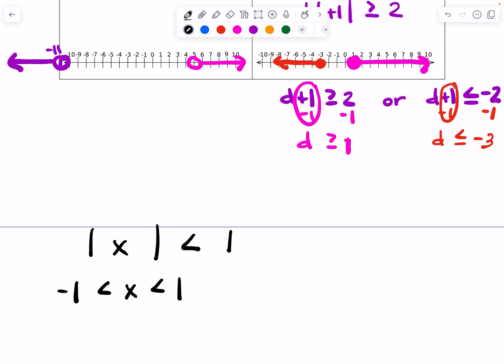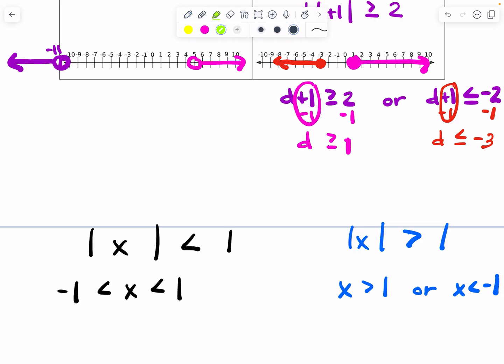If you've got absolute value of a number is greater than a positive number, that means that you'll have x is greater than 1 or x is less than negative 1. So see the difference? If you've got less than, you'll get a between statement. And if you've got greater than, you're going to get an or statement with two separate inequalities.